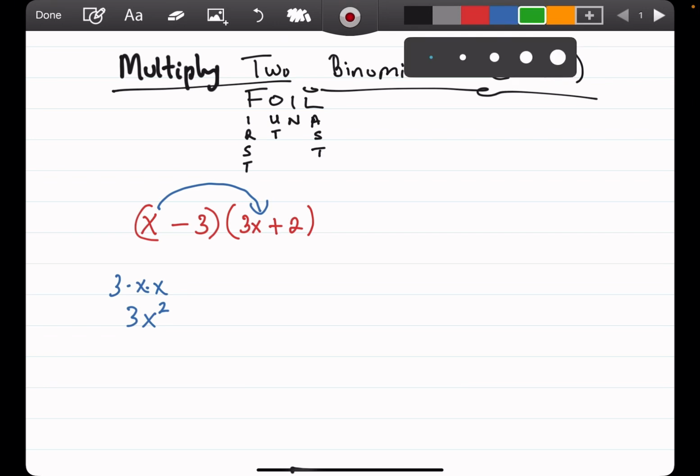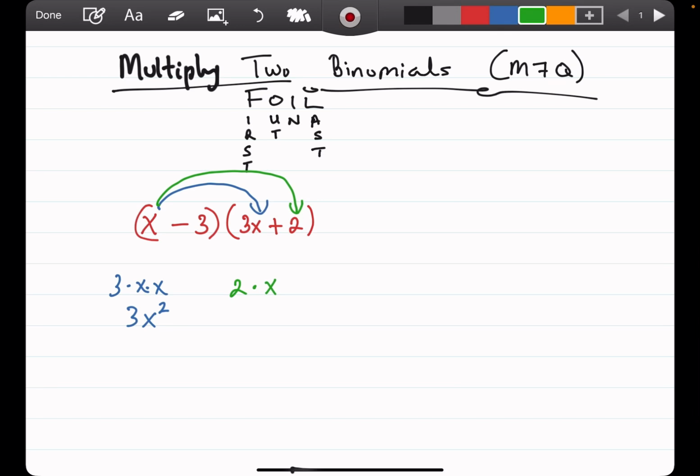Let's do the outside. What is the outside? This is the outside. The 2 outside is 2 times x, which is 2x. And the sign between them is a plus. Now let's do the inside.